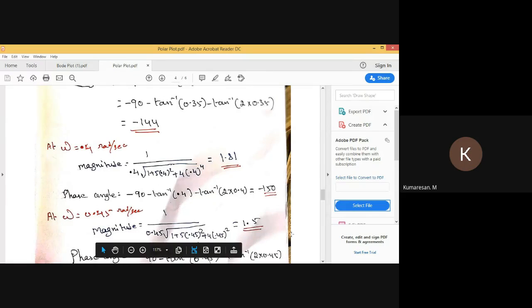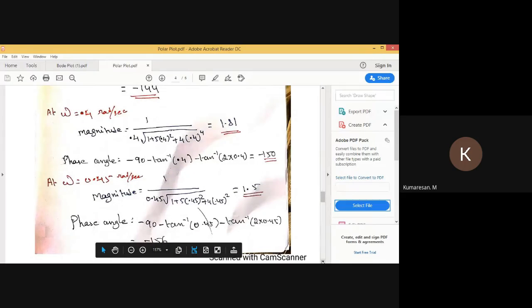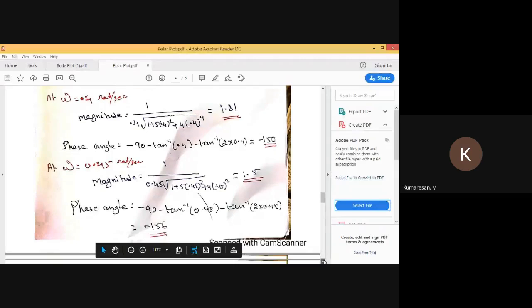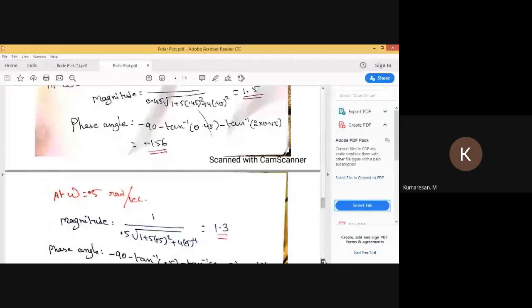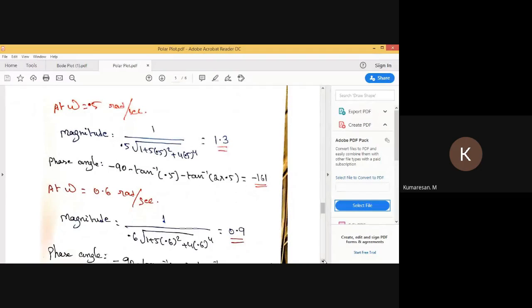Next, we choose the frequency 0.4 radian per second. Then you substitute this omega value in both the magnitude and phase angle equations. Directly substituting, we get magnitude 1.81 and phase angle minus 150. For 0.45, we get magnitude 1.5, phase angle minus 156. For 0.5 radian per second, magnitude 1.3, phase angle minus 160.